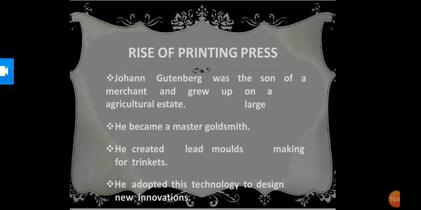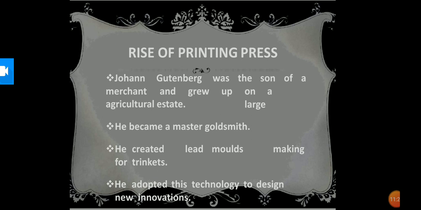So Gutenberg was the son of a merchant and grew up on a large agricultural estate as we have seen. From his childhood, he had seen wine and olive presses. Subsequently, he learned the art of polishing stones, became a master goldsmith, and also acquired the expertise to create lead molds which were used for making trinkets as we have noted over here.